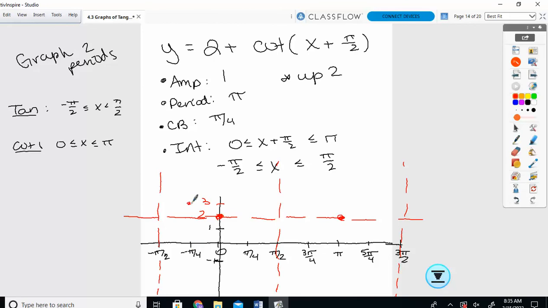Okay, what does cotangent look like? Does it rise or fall? It falls. So at negative pi over 4, you're 1 above this, and 1 below.